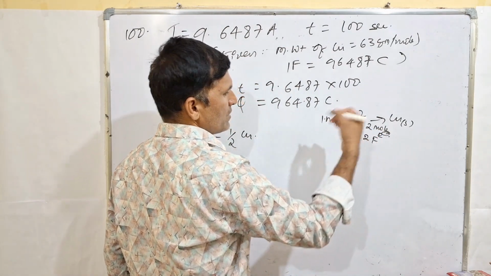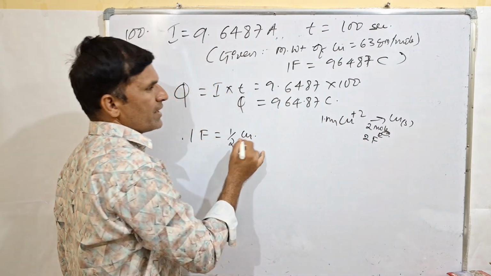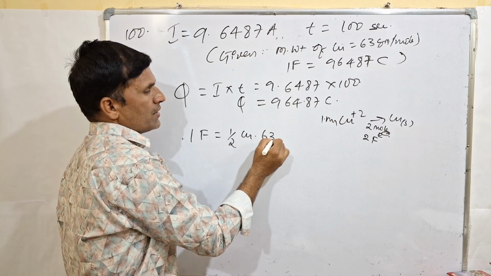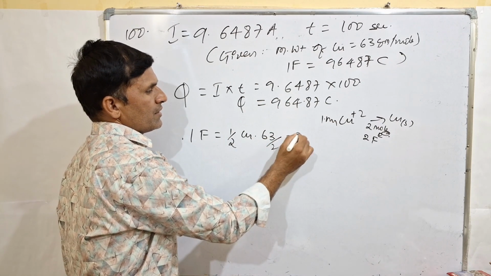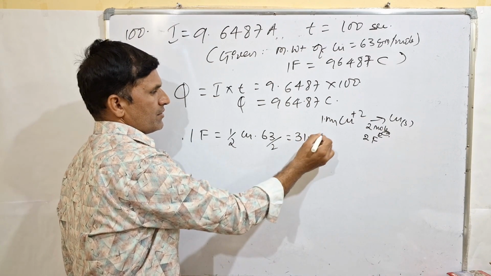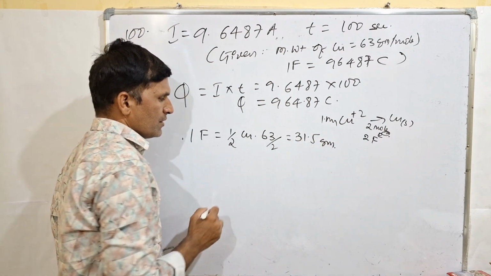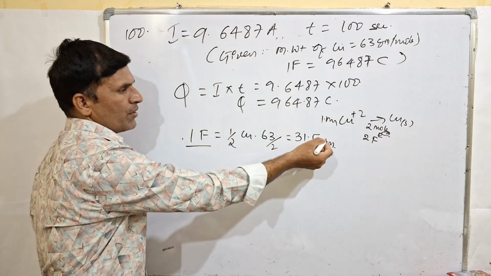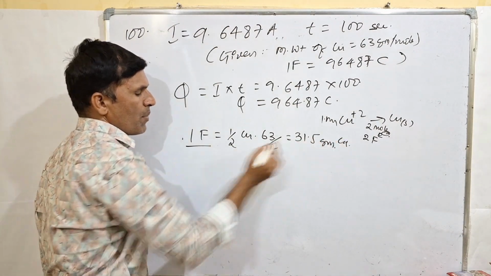But when you pass 1 Faraday, how much will you be getting? Half mole of the copper. So 63 divided by 2 turns out to be 31.5 grams. Therefore, 1 Faraday of current corresponds to 31.5 grams of copper.